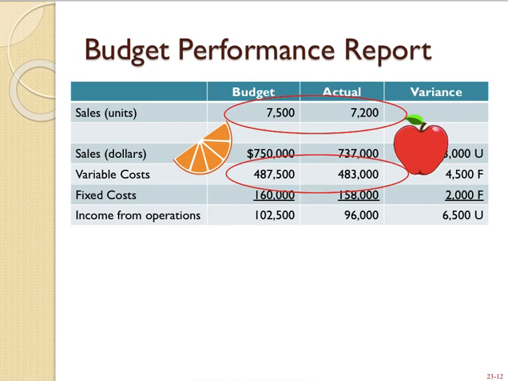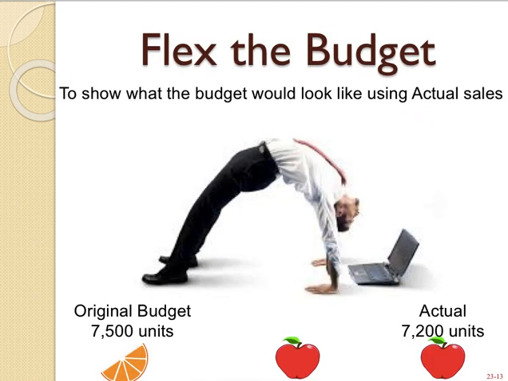So we're expecting our financial results selling only 7,200 units to be the same as what we would have if we sold 7,500 units, but that's not right. Okay, these are totally different and we're comparing apples to oranges, and because of that, we're not really getting a good picture of how our managers are doing. So therefore, what we have to do is we have to flex the budget. Okay, so what a flexible budget means is showing what the budget would look like using actual sales.